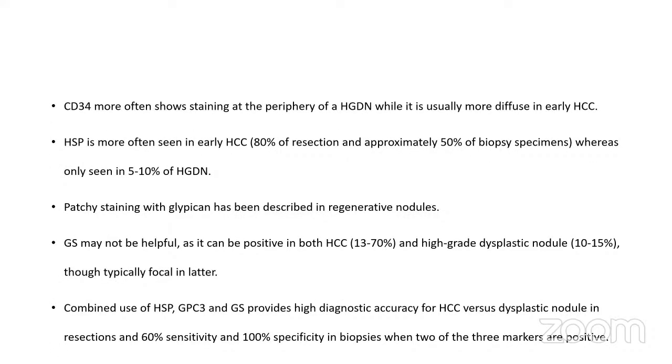CD34 is more often seen at the periphery of the high-grade dysplastic nodule. It won't be as diffuse as compared to an HCC. Heat shock protein is often seen in early HCCs, but less often seen in high-grade dysplastic nodules. Glutamine synthetase may not be helpful because it can be positive in both, though it is usually not as diffuse in a dysplastic nodule as it is in HCC.